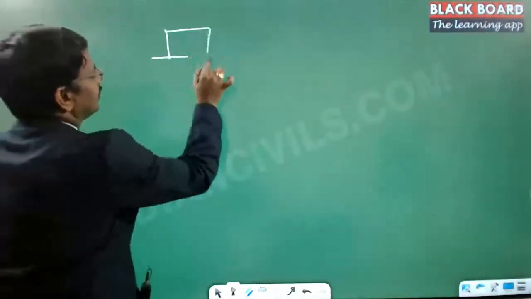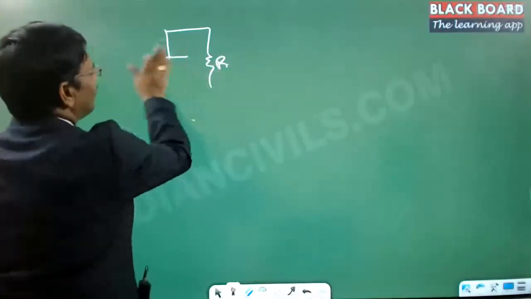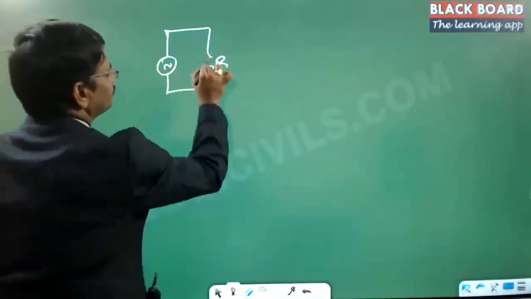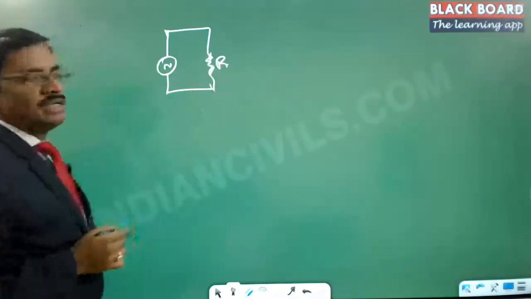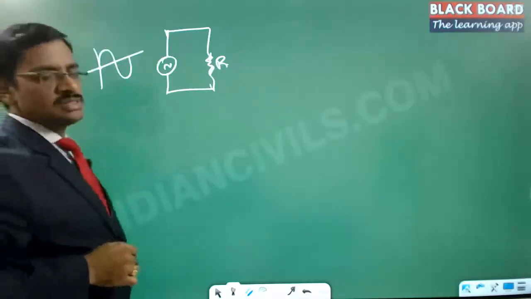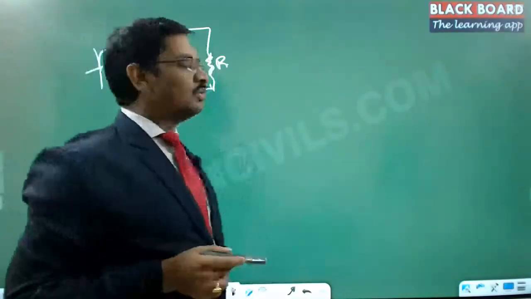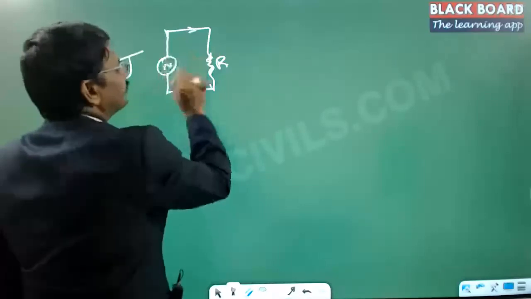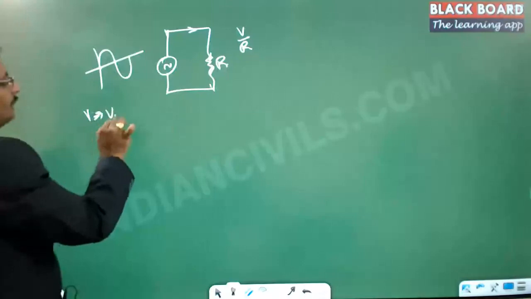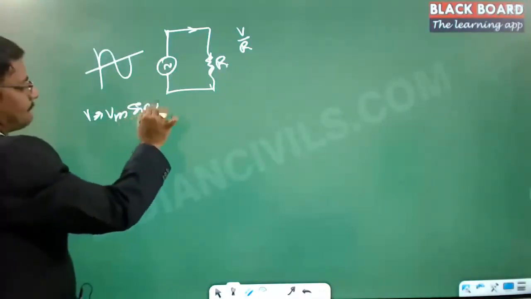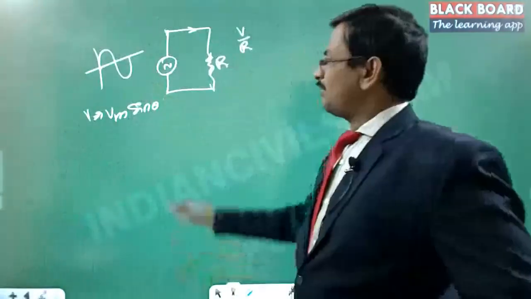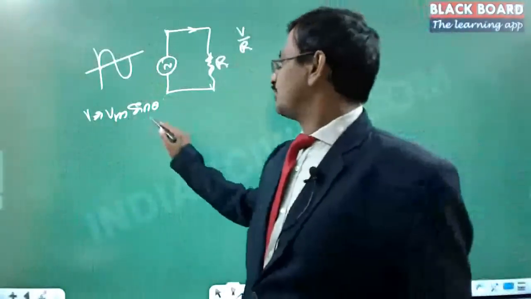Right? Now I take one more scenario. The same resistance, the same R value, but rather than this DC source, I keep an AC source, and this is a sinusoidal waveform. Now, what is the value of the current? This is V by R, but V is Vm sin theta, where theta is omega t.